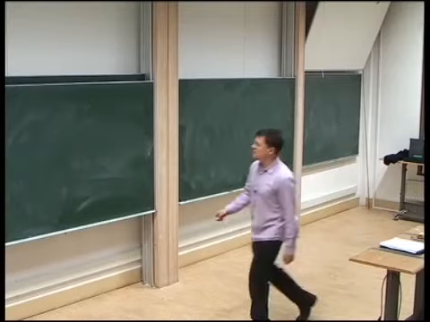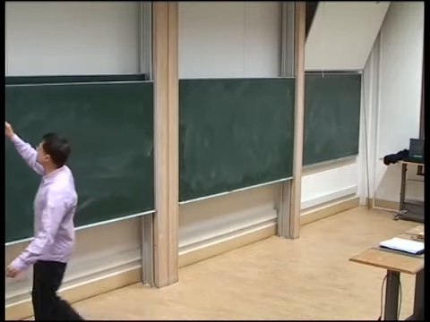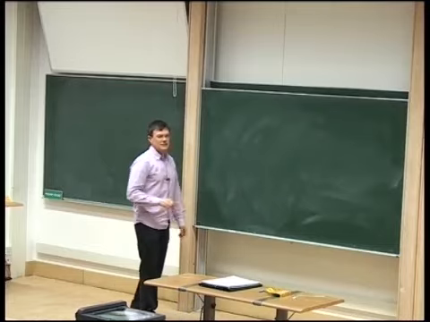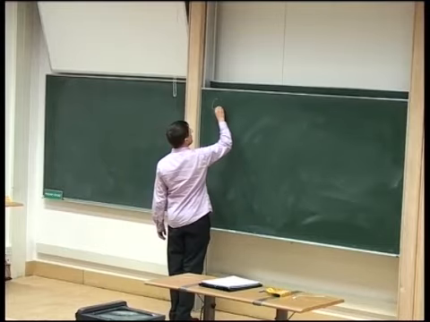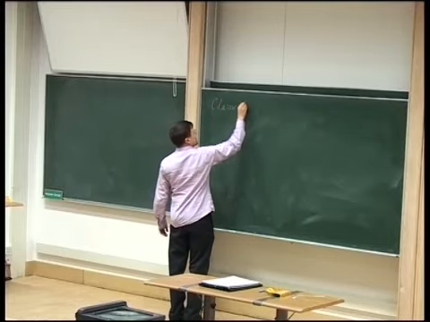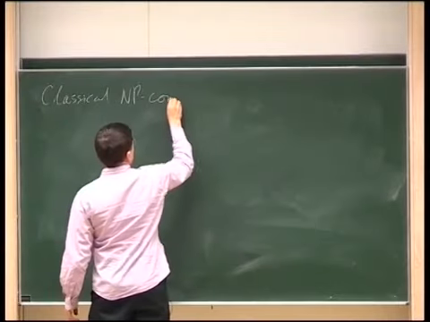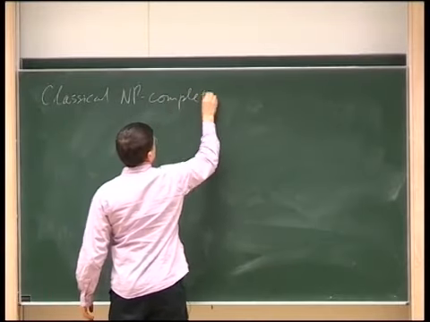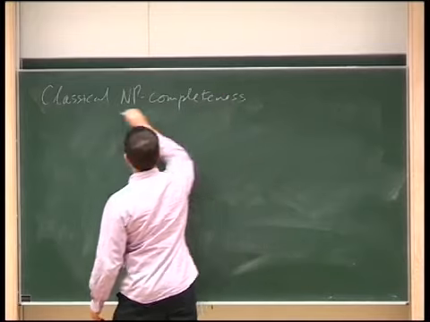So let's have a look first at classical NP completeness. So this goes way back to the late 60s, early 70s, I suppose. So what are we trying to do?